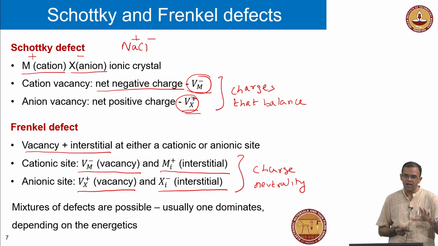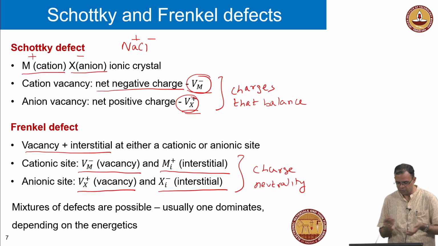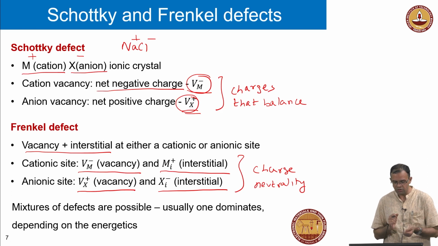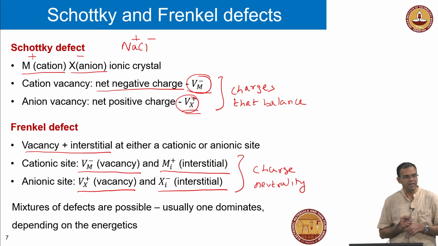You can also have crystals where I have both Schottky and Frenkel. It's not like I can only have Schottky or I can only have Frenkel, but usually depending upon the free energy of formation, whichever is easier to form tends to form. So usually Schottky or Frenkel, one of them will dominate depending upon the energetics of the particular system.